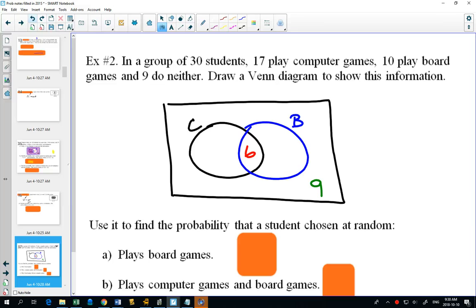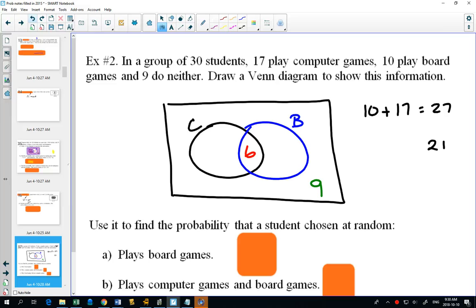Okay, these two together have to be 21. 10 plus 17 is 27, and it's supposed to add up to 21. Okay? So that means that when you count this one and this one, you would count this one twice. And since you're over by 6, it must be 6 in the middle. Does that make sense what he did?